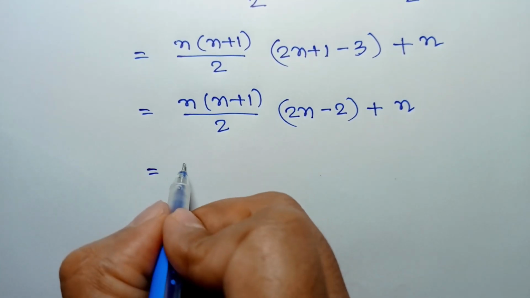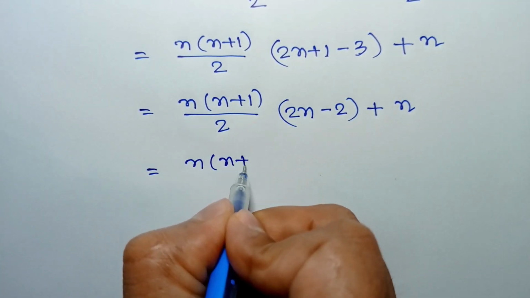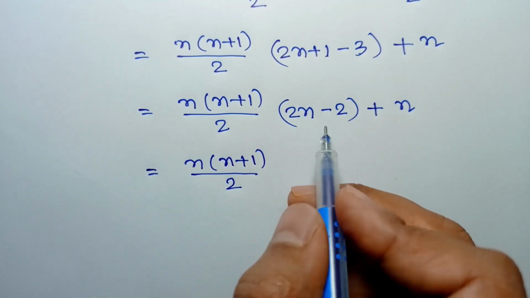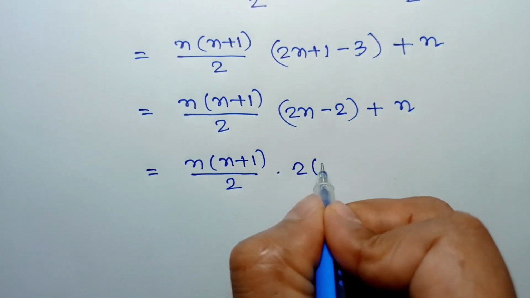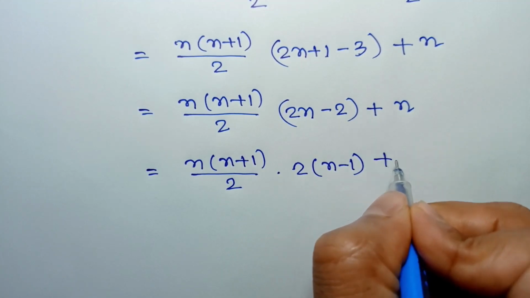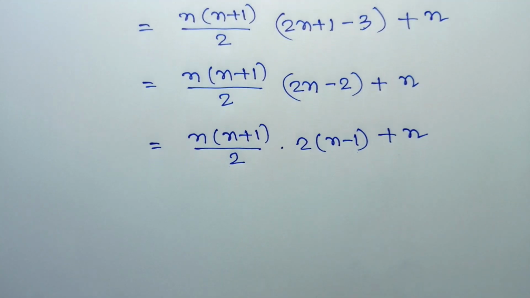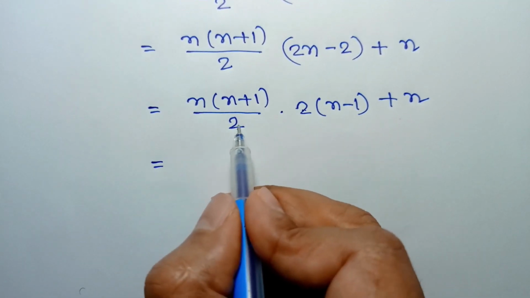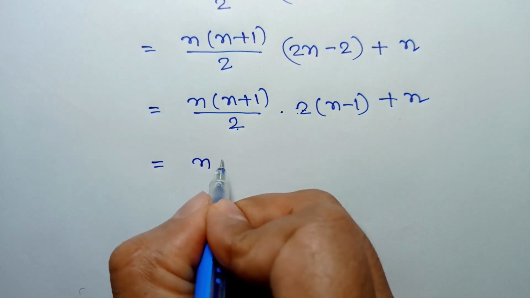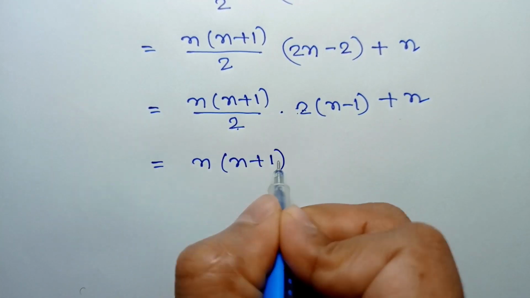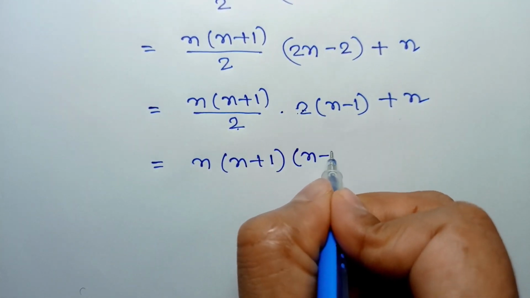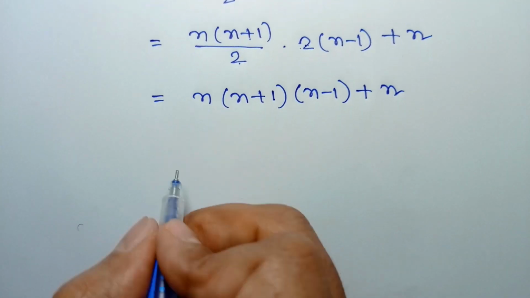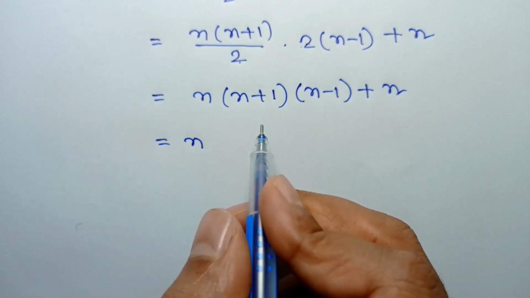This is n(n+1)/2, taking common 2 from here, we can write 2 times (n − 1), plus n. This 2 and this 2 will cancel out, so it will remain n(n+1)(n−1) plus n.